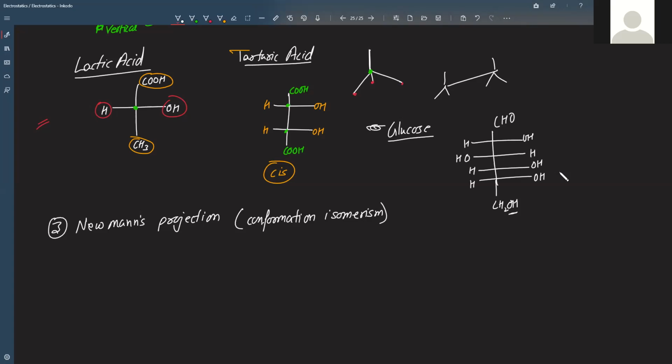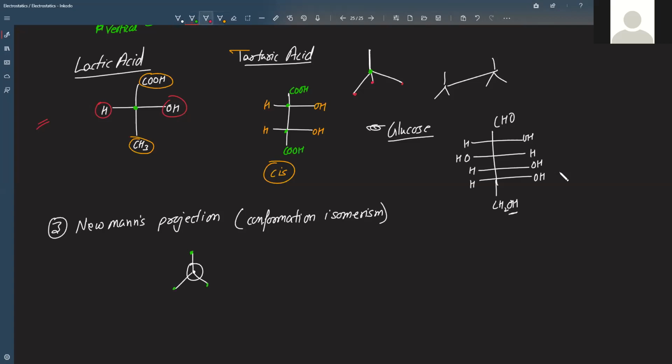The front carbon will be shown by a dot, the back carbon will be shown by this circle, and then these groups. So these groups are attached to the front carbon. The green ones are attached to the front carbon.